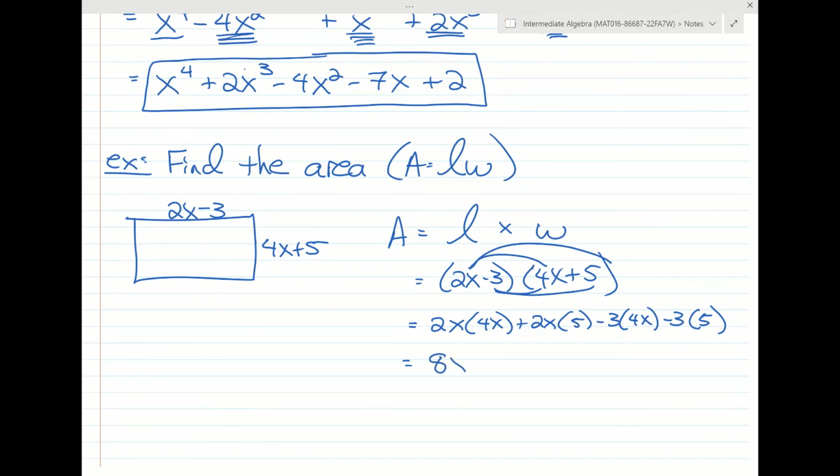This is 8x squared plus 10x minus 12x minus 15. And combining our like terms gives us 8x squared minus 2x minus 15.